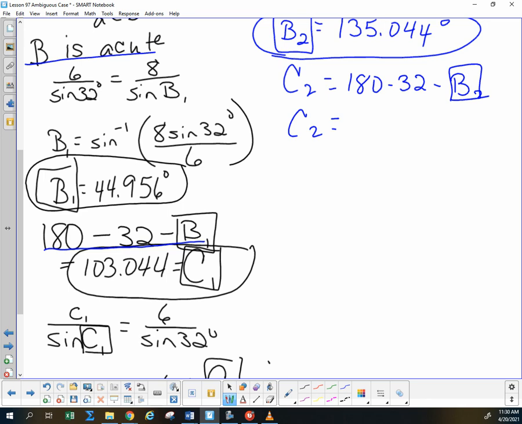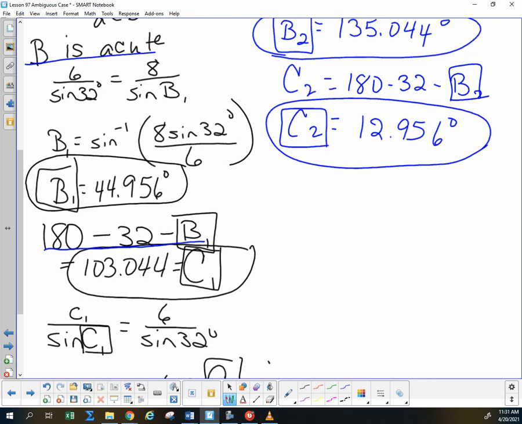Because the calculator's forgotten the old B, now it's just going to use that formula with the new B in there. And Sophia L., what do you get for the new C? 12.956. Anybody else? 12.956 degrees? And go ahead and store that as C.